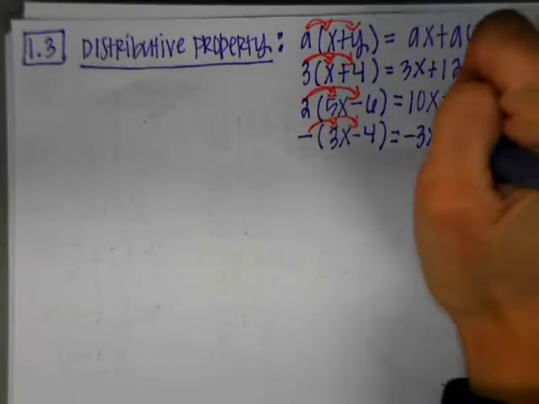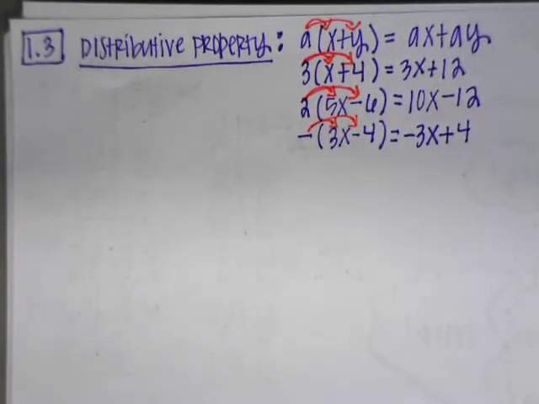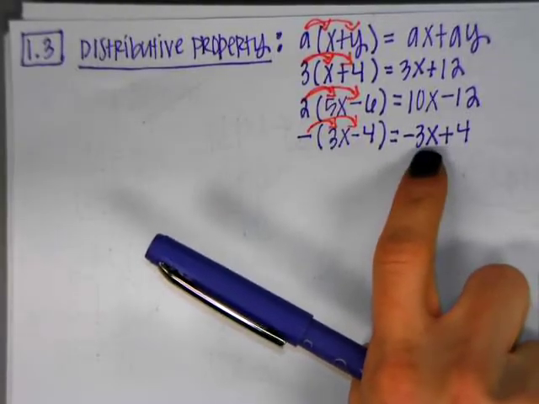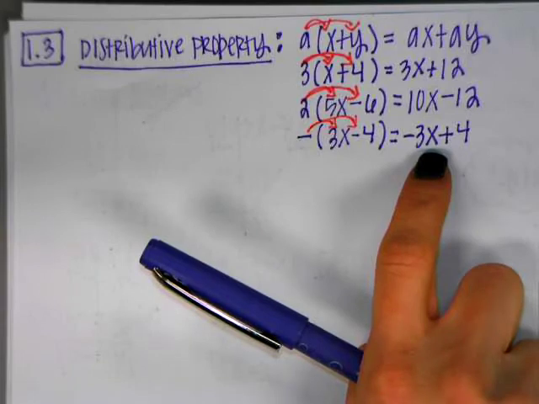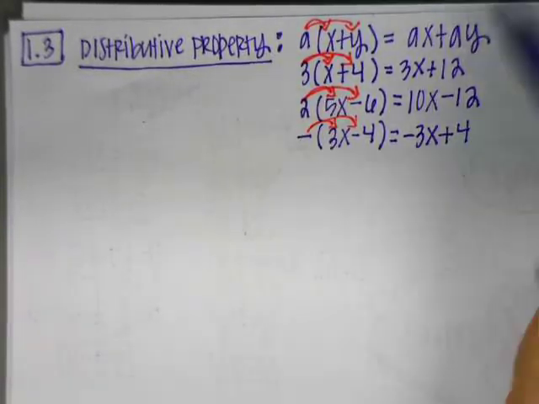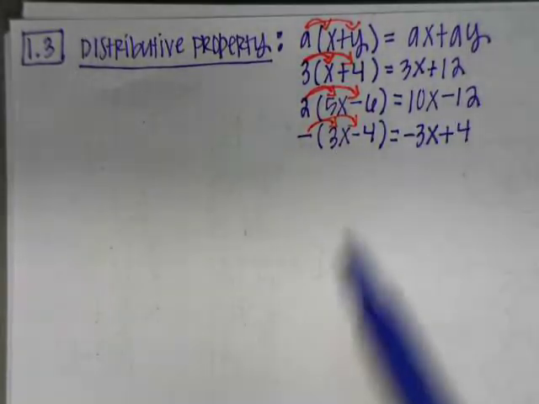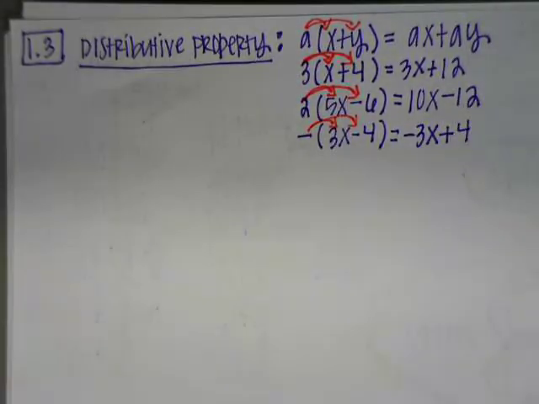So you're going to do plus 4. Wait, so we don't solve that? You can't, because those aren't like terms. Since one of these has an x and one of them doesn't, you can't combine those together. Okay? So now let's apply this to equations.